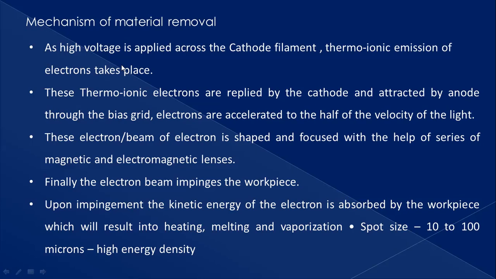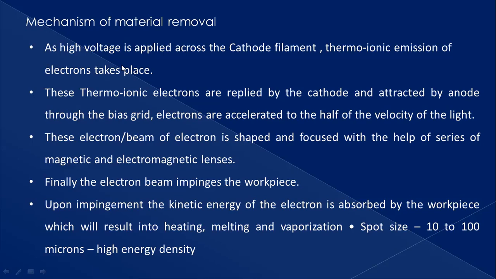The electron beam is shaped and focused with the help of a series of magnetic and electromagnetic lenses. So these lenses, which we place for focusing and deflecting, play a major role in shaping and focusing the beam. Finally, the electron beam impinges on the workpiece, and due to the heat and melting, the material gets vaporized.